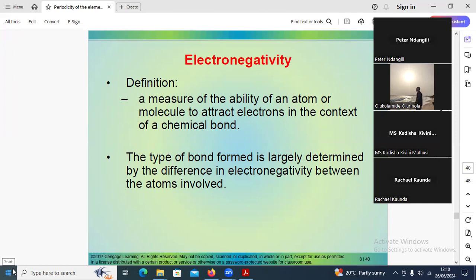And we can illustrate this, for example, using the kind of bonding in hydrogen. When you have hydrogen bonding with another hydrogen, you realize that these are atoms of the same element.